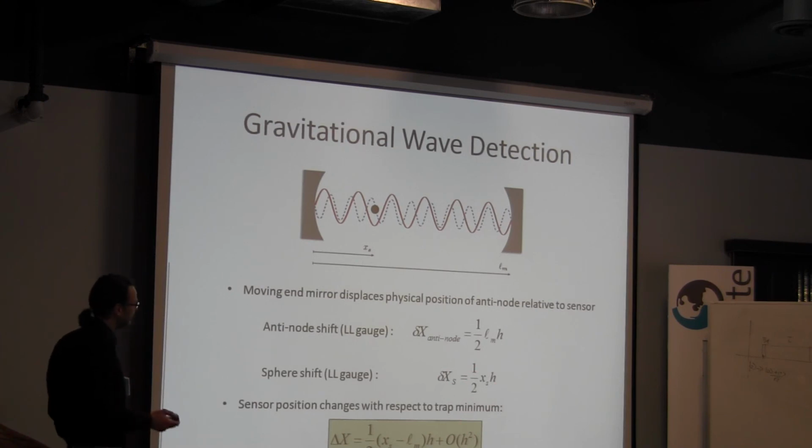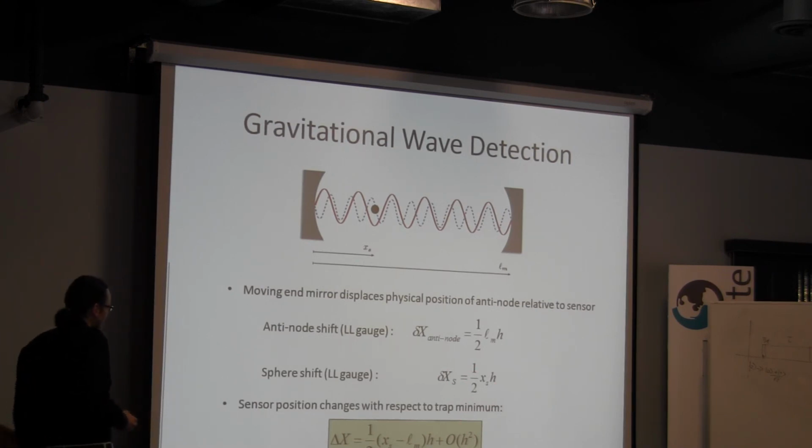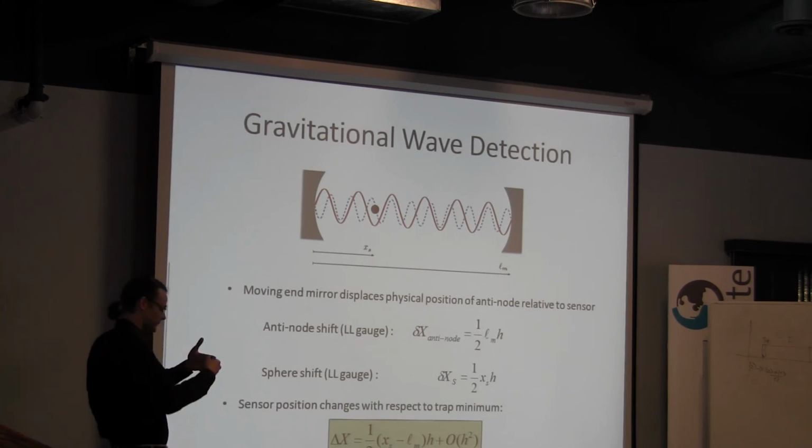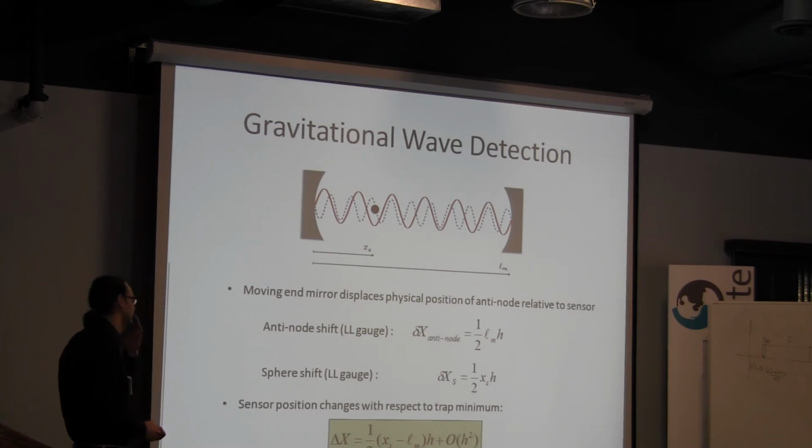And so I can look at the difference of these quantities, right, and figure out that the sensor is going to get moved with respect to its trap position by an amount that goes like 1/2 times the strain times the difference of these two coordinates. And then there's a correction that I'm collecting to order the strain squared, but the strain is already so small that we don't care about the strain squared.